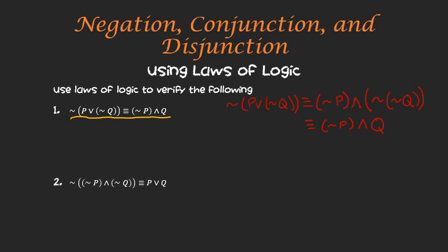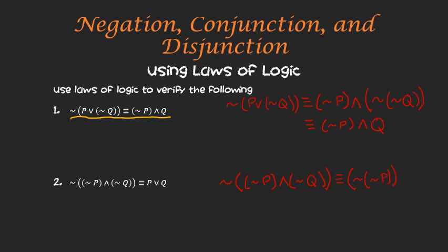And lastly, we'll look at this one. Again, we'll start with the left-hand side. So now we're doing not (P and not Q). Let's distribute that negation through using De Morgan's laws. This time it's negation of a conjunction, so it's going to switch to a disjunction. So this is going to be not P, right?